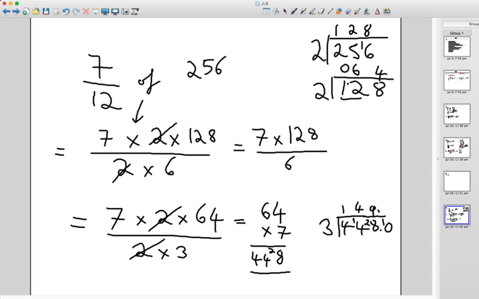Goes 3 times with 1 remainder. So we are going to get the answer to this sum as 149.3 recurring.